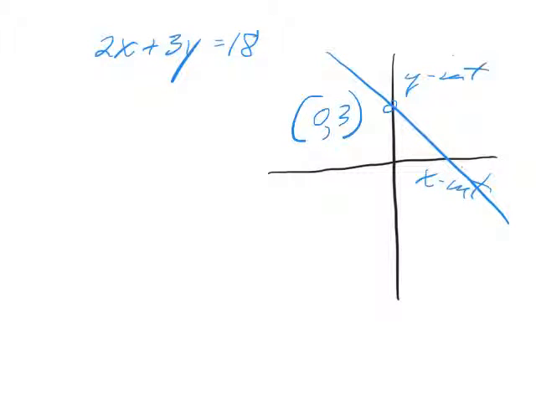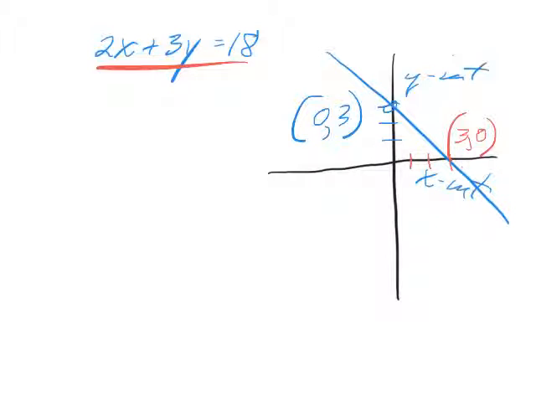For an x-intercept, the y value is 0, so we may have come over 3, but we didn't go up or down, so it's 0. If we can find the x-intercept and the y-intercept, we've got 2 points, we draw a straight line, and we've got our graph.